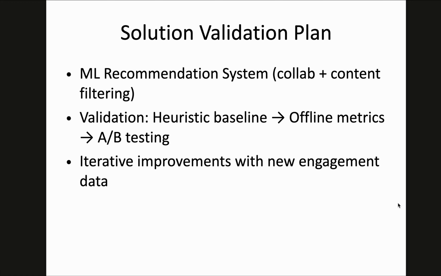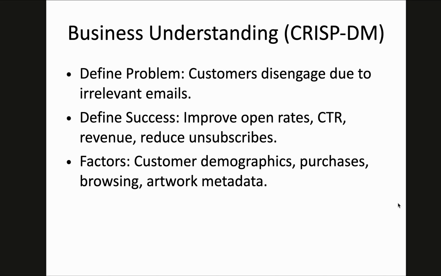What are our, oh, sorry, I didn't cover the factors. And of course the factors that we're going to use in terms of customer data, that would be the demographics, the purchase history, the browsing behavior, and their engagement history.